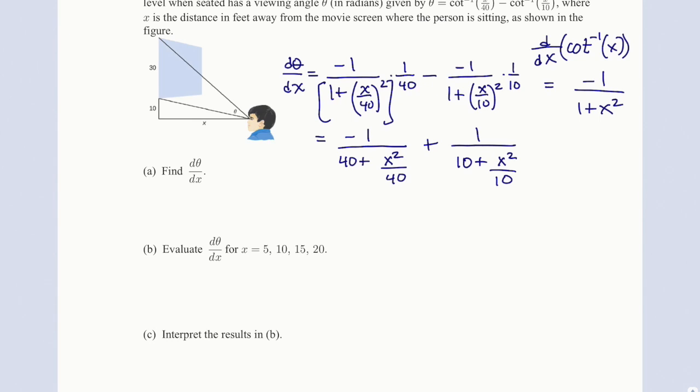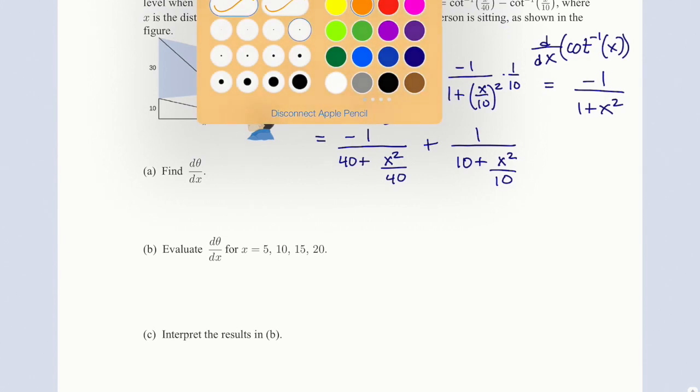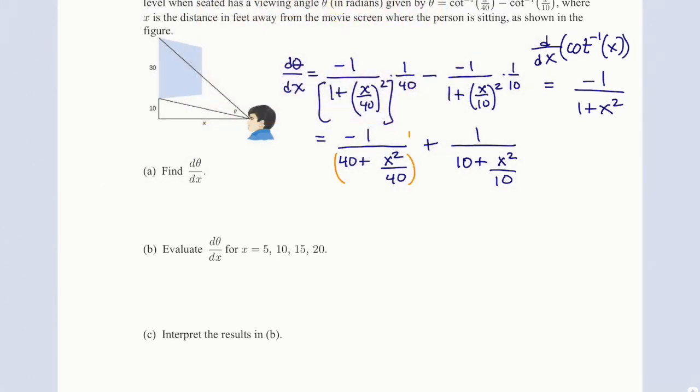And let's clean that up even a little bit more. I'm going to multiply the first fraction by 40 over 40 to clear up this complex fraction, and the second one by 10 over 10.